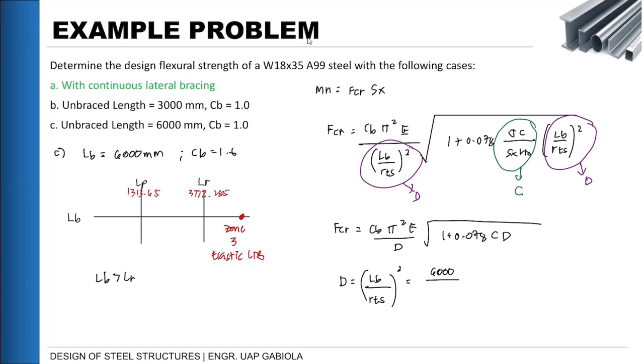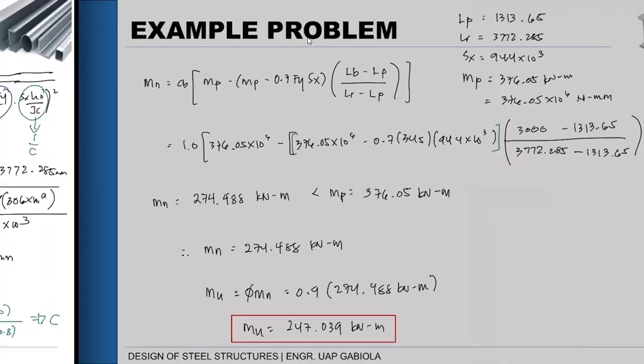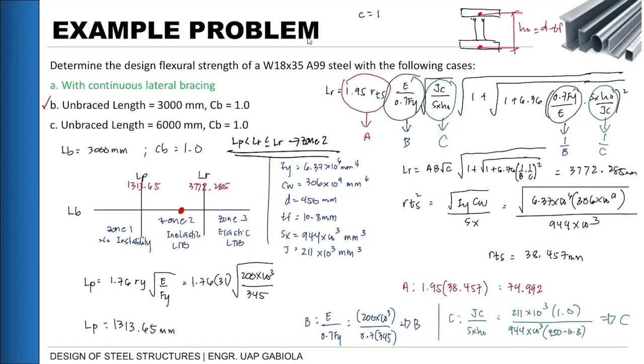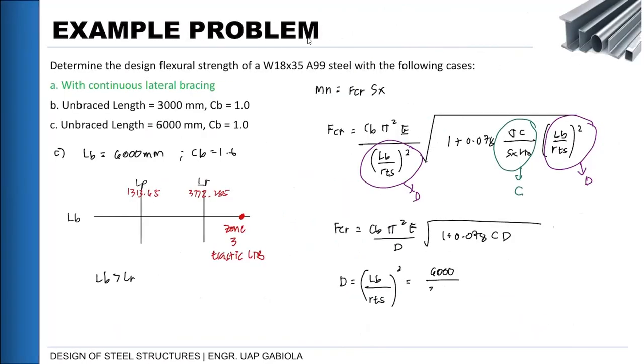Okay, all over. Yung RTS natin, na-calculate natin is 38.457. Then, i-squared natin yon. Then, i-store natin sa letter D. So, this should be violet ang color nito, no?